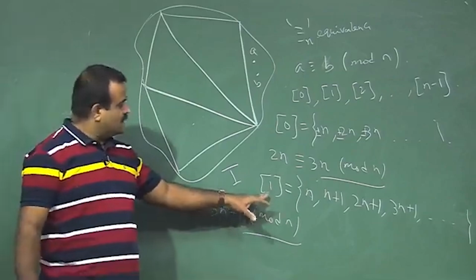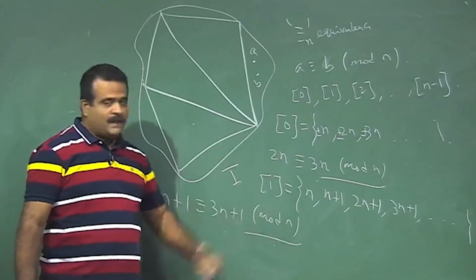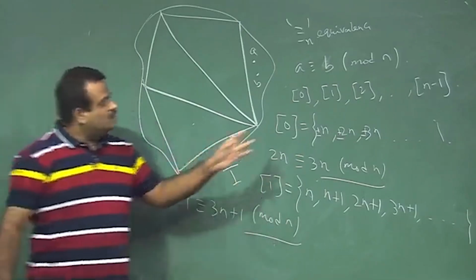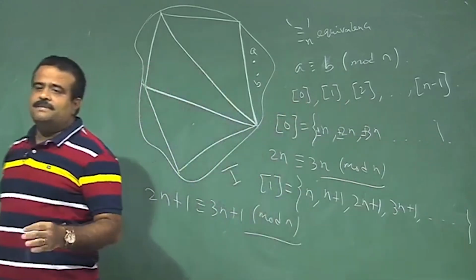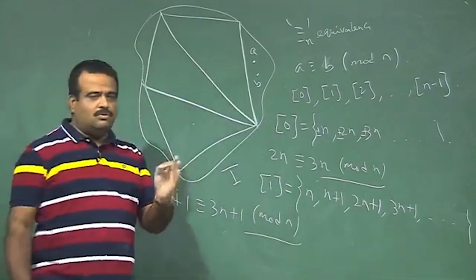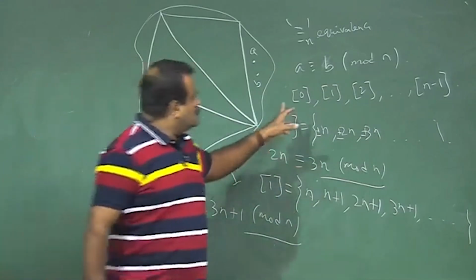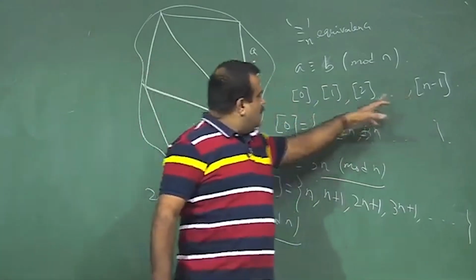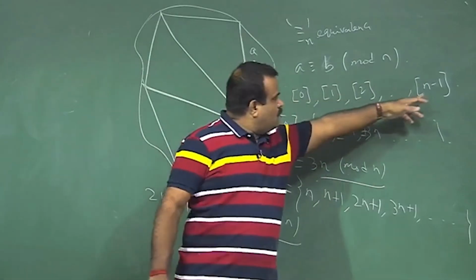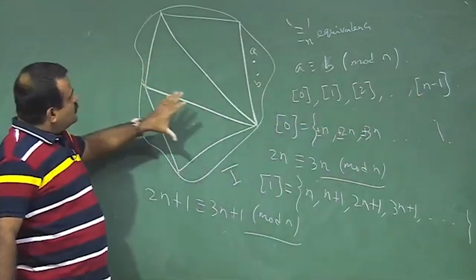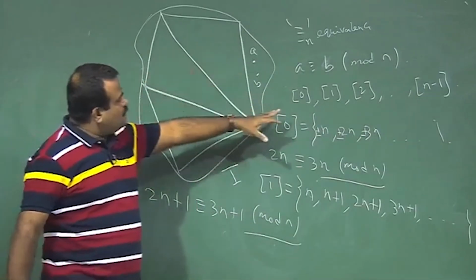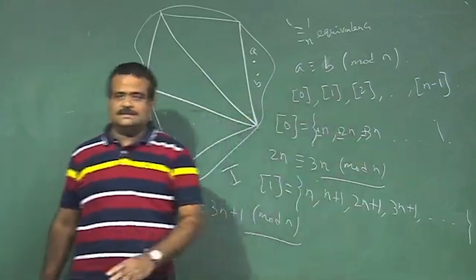So that is why this class is denoted by class 1 in the remainder sense. If we divide any integer by n, the remainder will be either 0, 1, 2 up to n minus 1. That is the reason we define this set up to n minus 1. So any integer will fall in one of these classes.